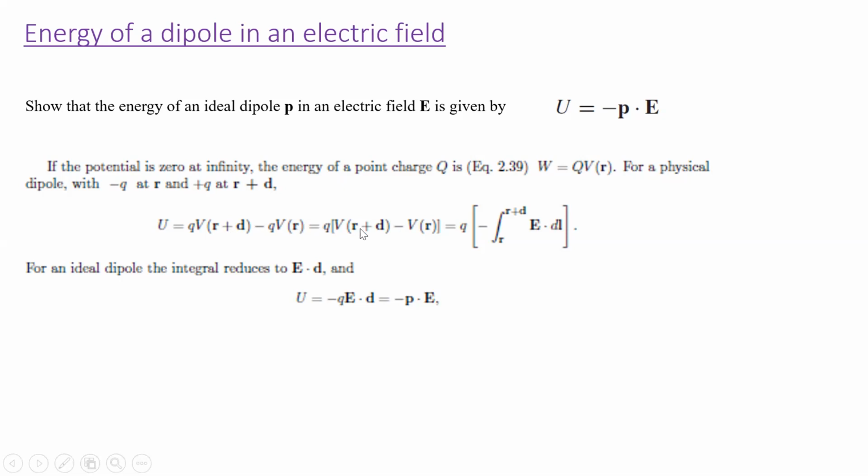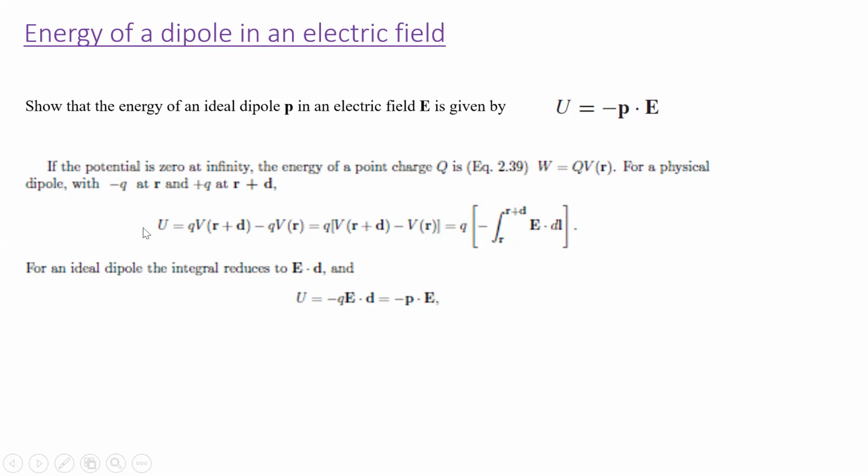So that's Q times V of r plus d minus V of r, which is equal to Q times minus the integral from r to r plus d of E dot dl, because that's the definition of the electric potential.